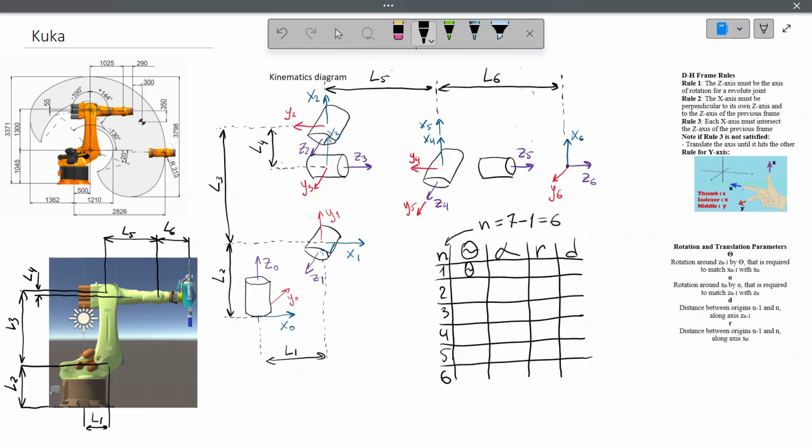Next one, here we need to match the previous x with the current x.